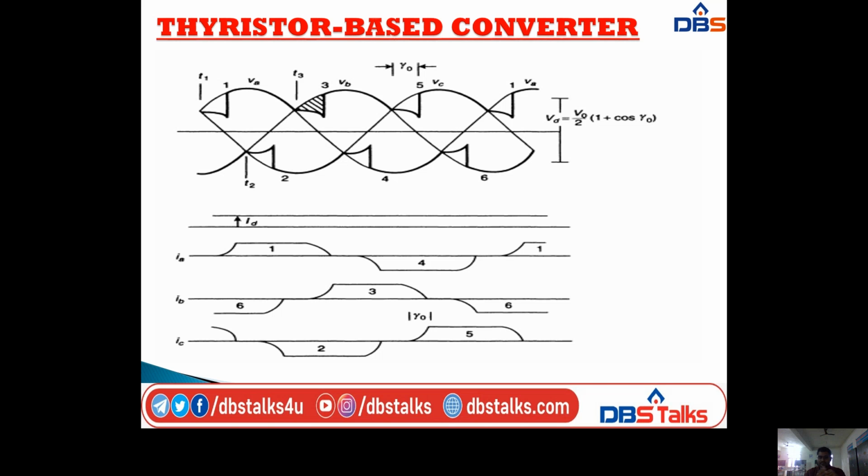Here I am taking the IA, IB and IC currents. IA current flows through valves 1 and 4, and IB current flows in phase B when valves 6 and 3 are in conduction.